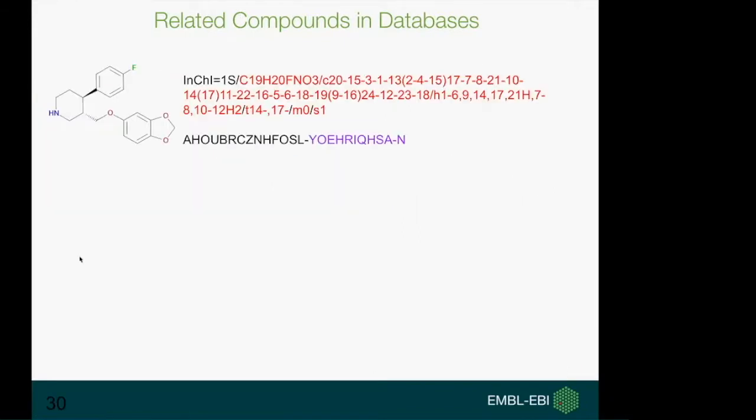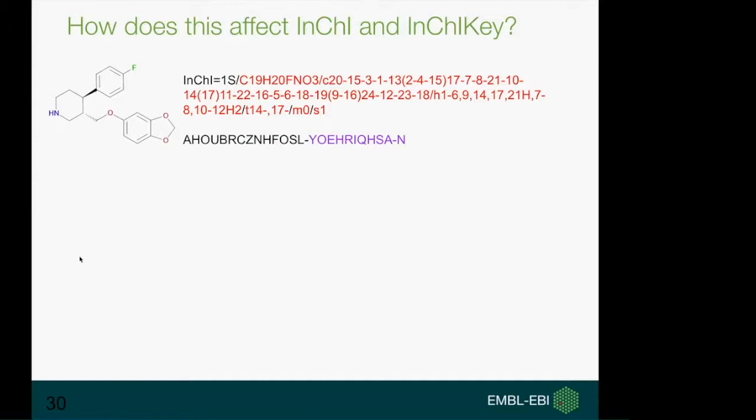It actually turns out that InChIs and InChIKeys are quite useful for this. For example, this is the InChI and InChIKey for paroxetine, the molecule I showed you on the previous slide.